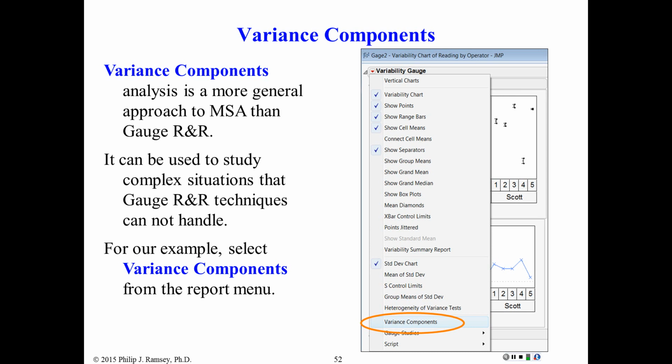But variance components in general apply to very complex and large-scale situations where there can be many components. Here we're only talking about two, but in practice there could be even dozens of them, although that would be on the extreme side. And JMP does variance components analysis.